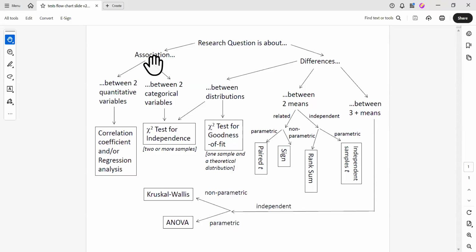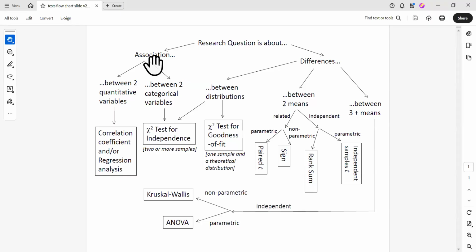All right, going back to the differences between 2 means, we have the right-hand arrow labeled independent, and we have the same split between non-parametric and parametric tests on this side. The parametric test to use to test for differences between 2 means that are independent is the independent samples t-test.